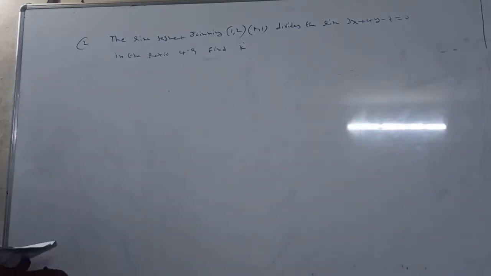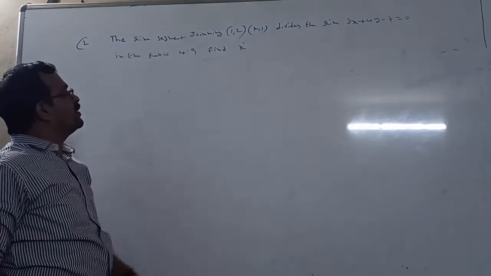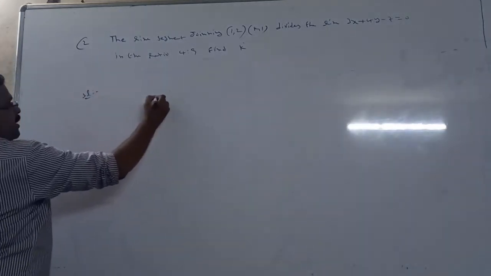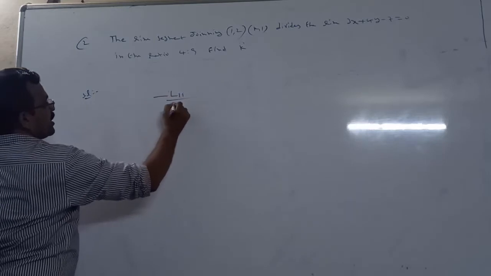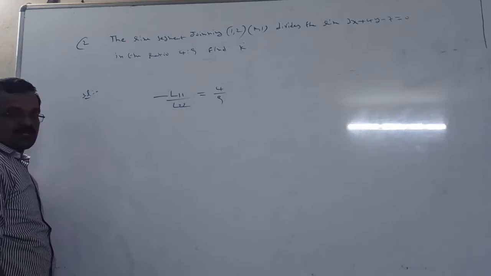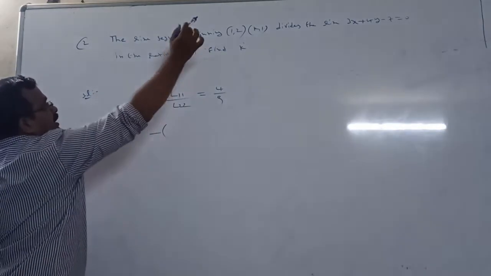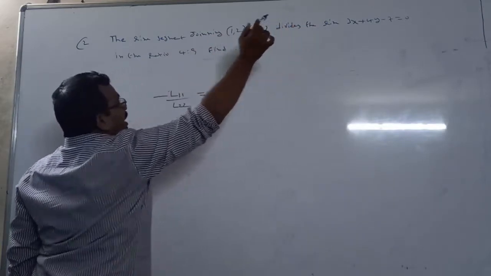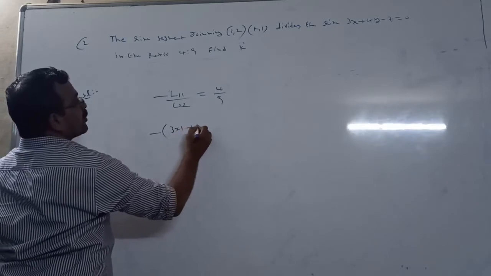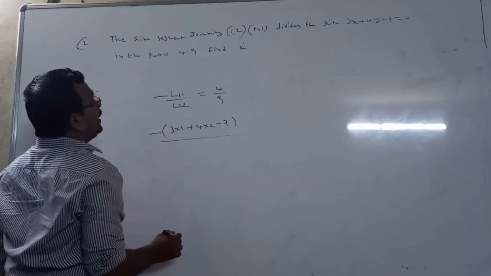The same concept, same formula. They have directly given the ratio and are asking for the unknown value in the point. The formula is minus L11 by L22. The ratio given 4:9 means 4/9. Now minus L11, the first point substituted in the line: 3 into 1 plus 4 into 2 minus 7, by L22.